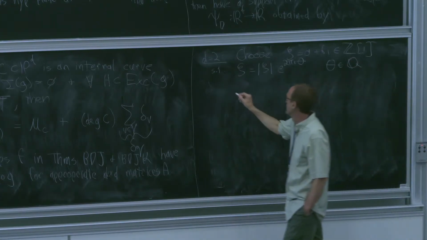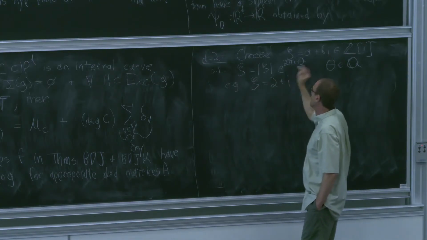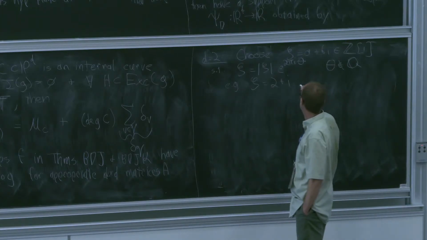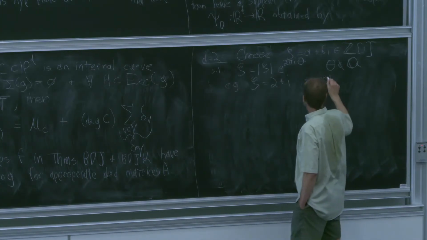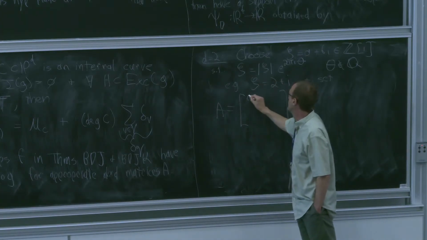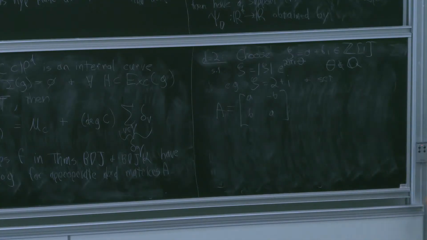So you could take 2 plus i, if you wanted. And then you let A be the matrix for multiplication by this thing. Okay.